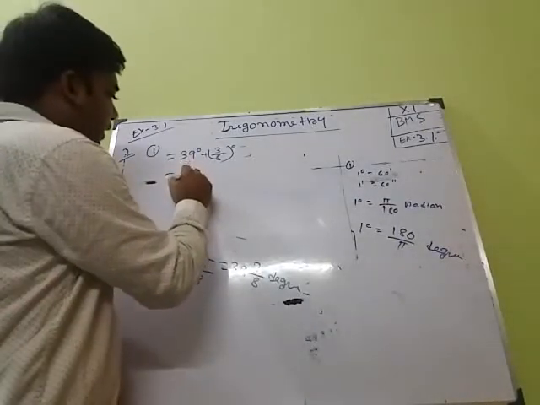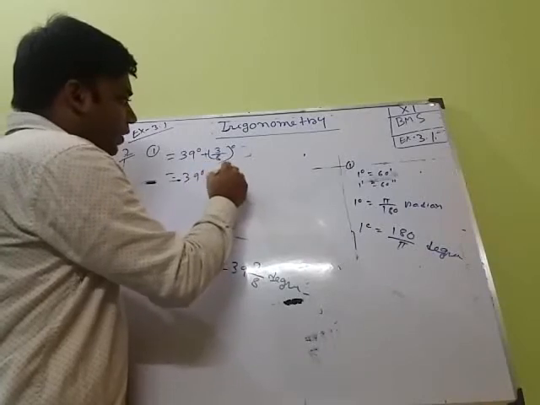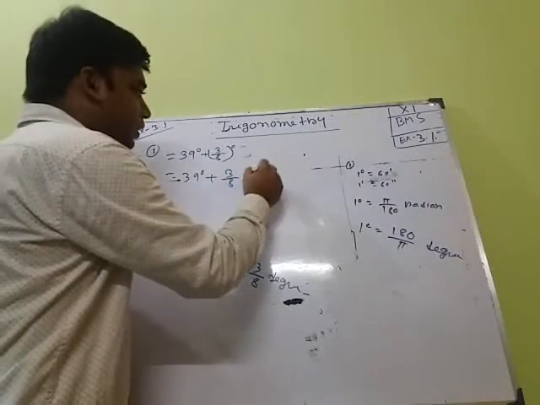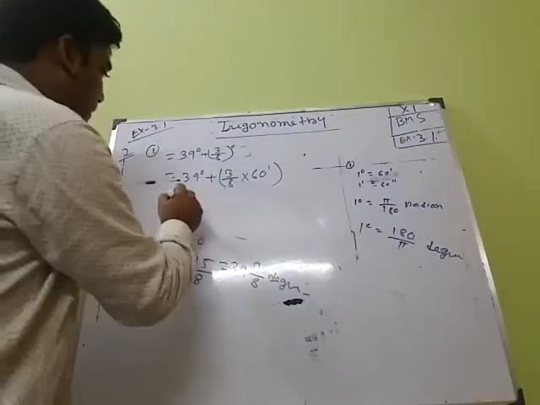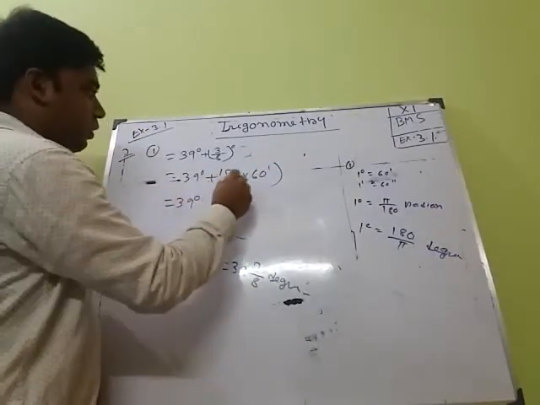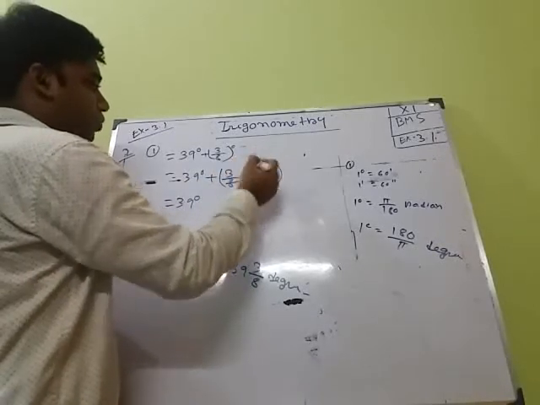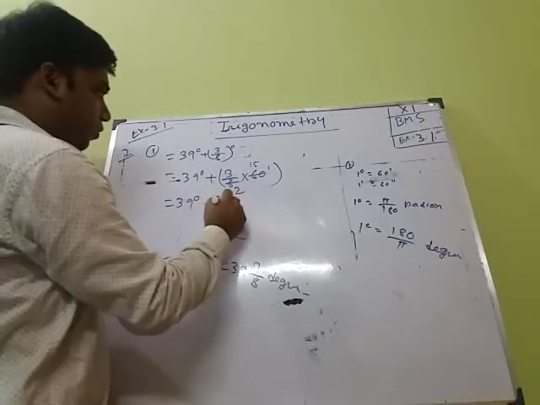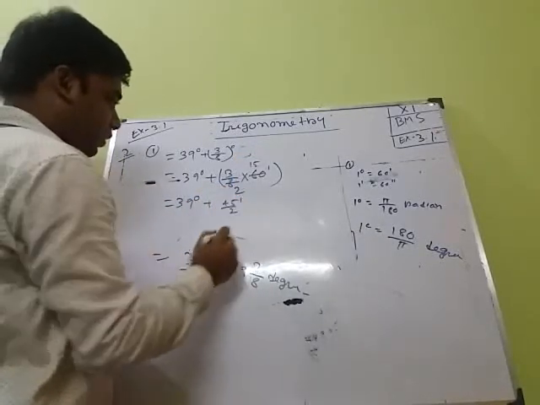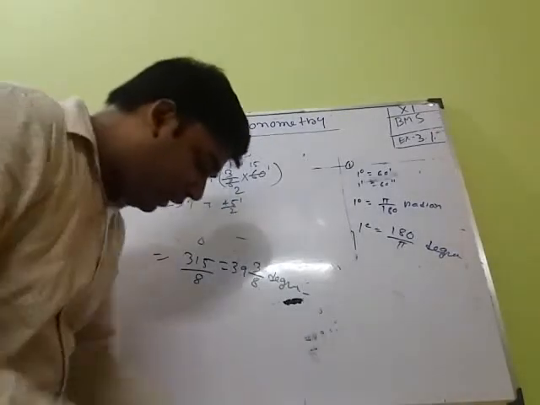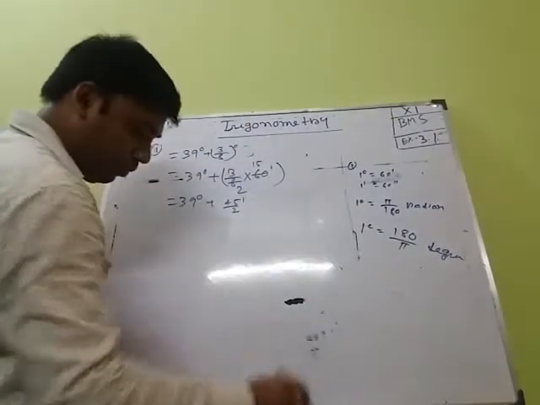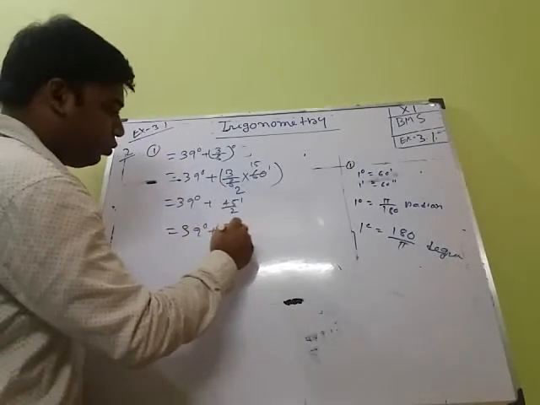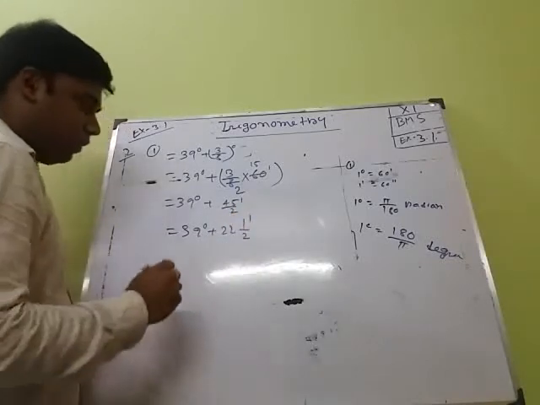So 39 degree plus 3 by 8, you can change the degree part into minute by multiplying by 60. That is 39 degree 45 by 2 minute. That can also be changed: 39 degree plus 22 and 1 by 2 minute.